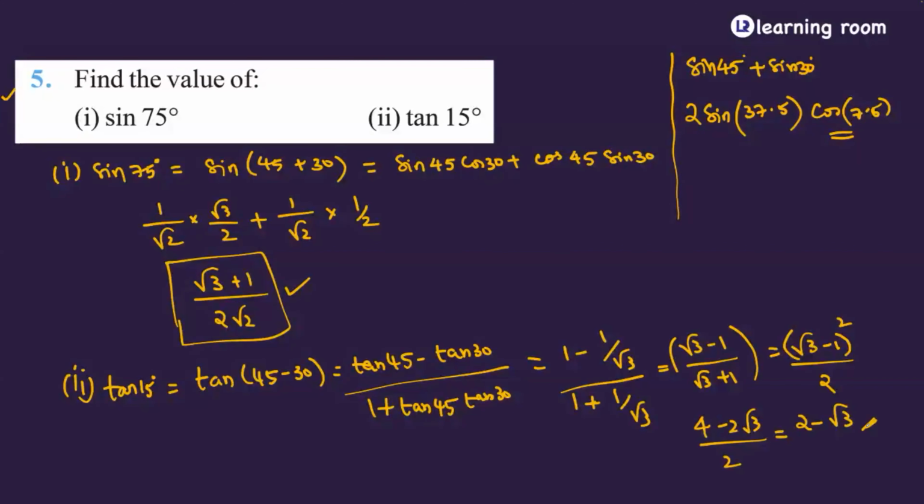So 2 minus root 3 is the value for tan 15 degrees as well. Shall I proceed?